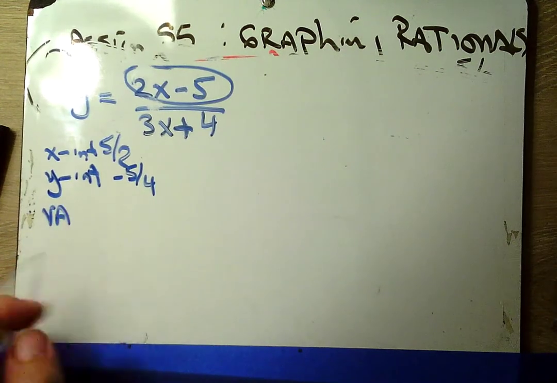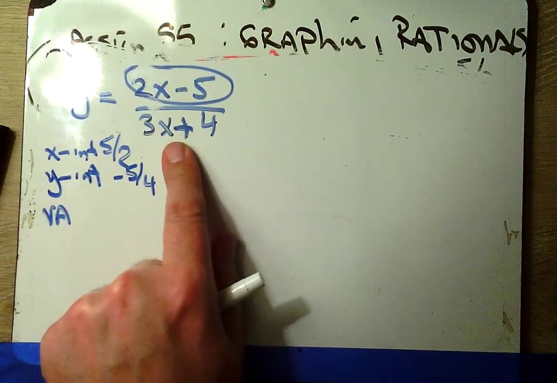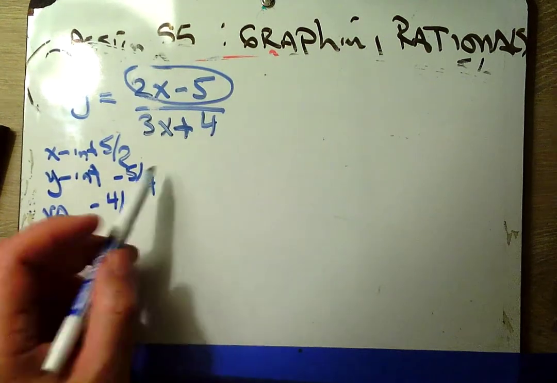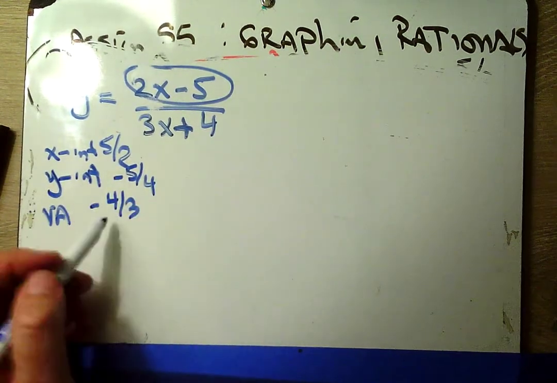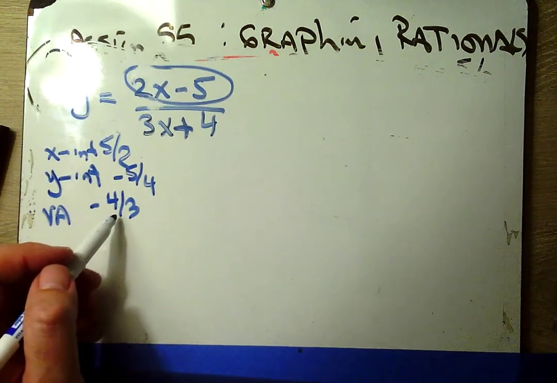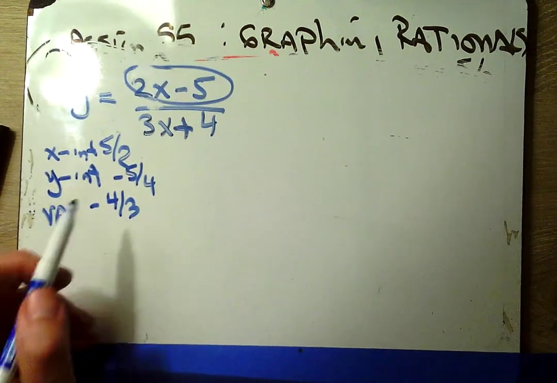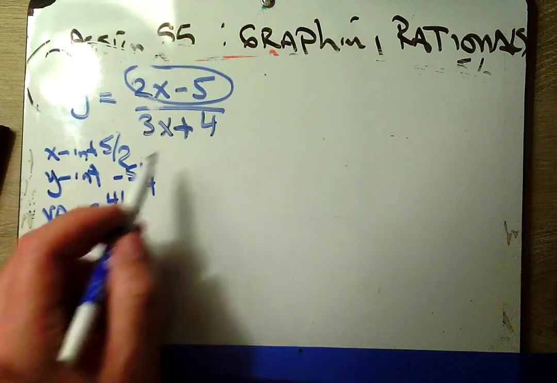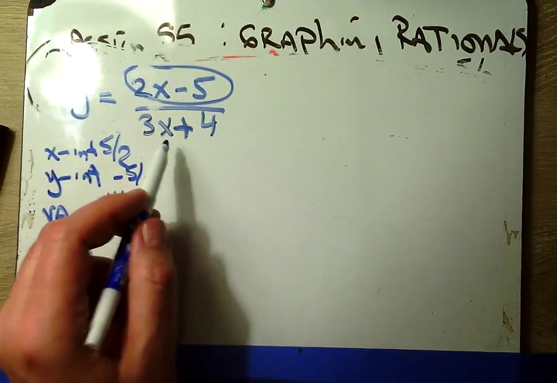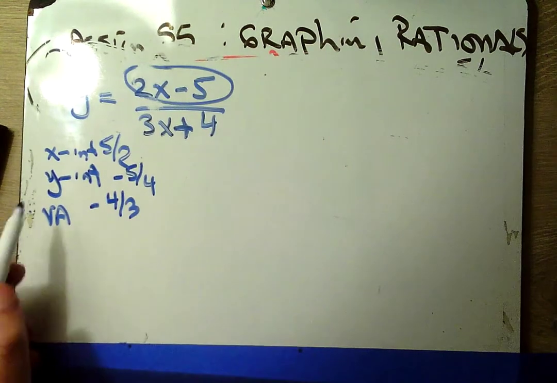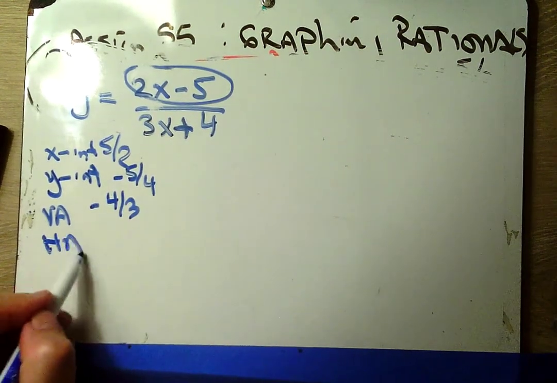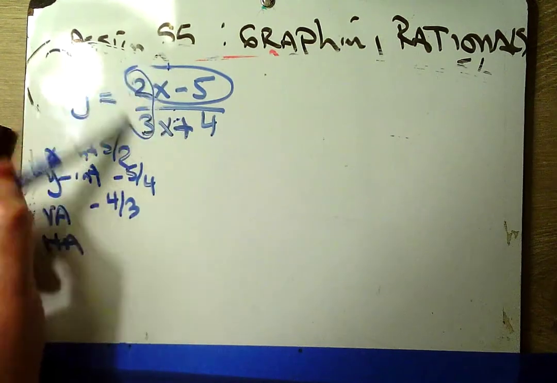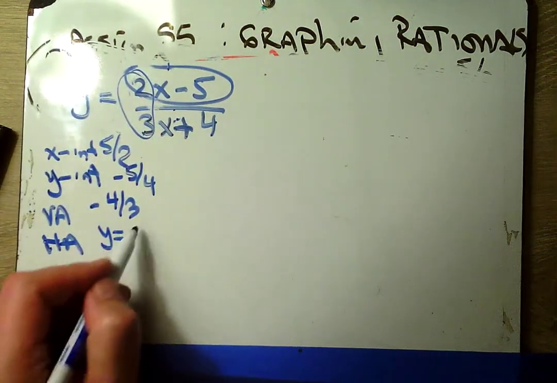And the vertical asymptote, remember we get that by setting the bottom equal to 0, is negative 4/3. It's probably worth showing the work here because a lot of people write 3/4 here, or negative 3/4 here, or positive 4/3 here. Those little mistakes you would catch if you actually set this equal to 0 and solve for x. And remember the horizontal asymptote, because the degrees are the same on top and bottom, we look at the ratio of leading coefficients.